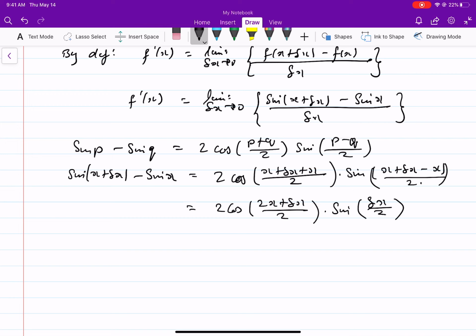So if I were to substitute back into f prime of x now, up there, because all I did with this piece of trigonometry was to simplify my numerator. Took the difference between the two trig expressions, and I rewrote it as a product.